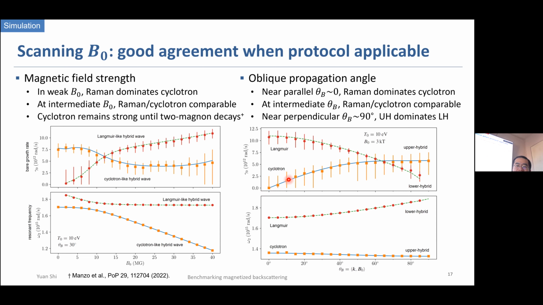But as you increase the angle, the cyclotron wave gets more and more electrostatic, and then the coupling becomes larger. So this branch essentially ramps up as you go to larger angles. And at the upper hybrid frequency, you have an upper hybrid resonance, and then it's totally fine to transfer energy through that resonance. The other branch is the Langmuir wave branch.